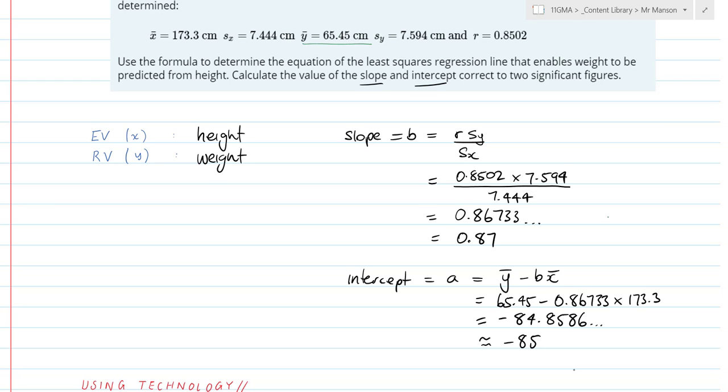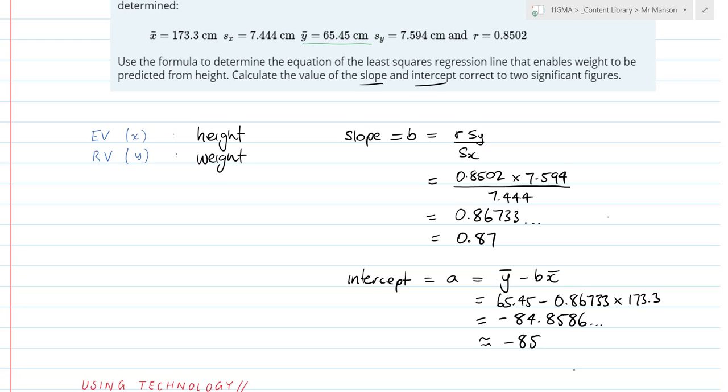The intercept here, the y-intercept, negative 85, means that if x, the height, is 0, it gives you some indication of the starting weight. Y bar, I'm assuming, should be kilograms, 65.45 kilograms. If my height was 0, this model suggests that my weight would be negative 85. That's what the intercept means in context.